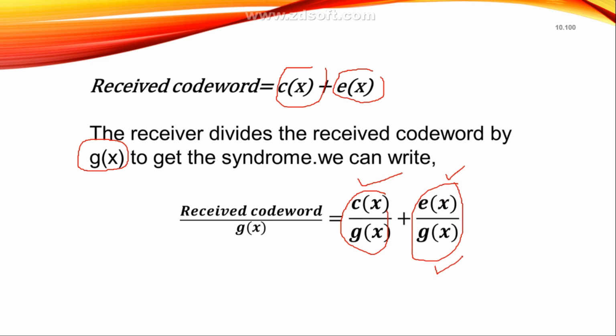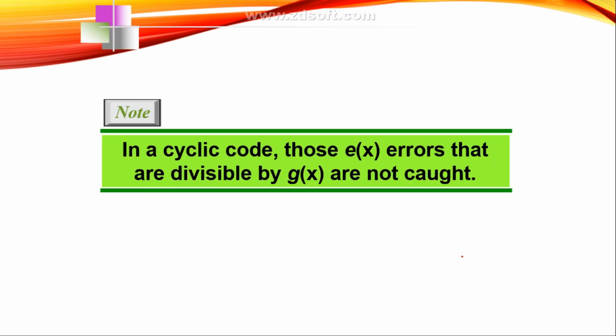It may happen, because I already told you in the previous lecture that if you are getting the syndrome value 0, and the code word has been changed but is present in that valid code list, then we couldn't identify that error. So in a cyclic code, those errors that are divisible by g(x) are not detectable, are not caught.